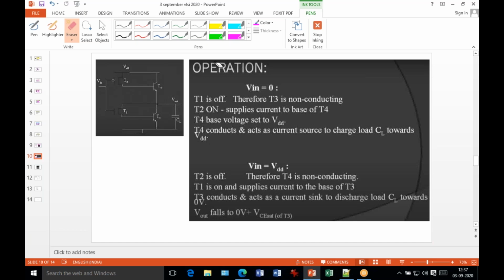Suppose that your input voltage is 1. This is case 2. Here, if the input voltage is 1, this NMOS is on, and this connection is connected here.